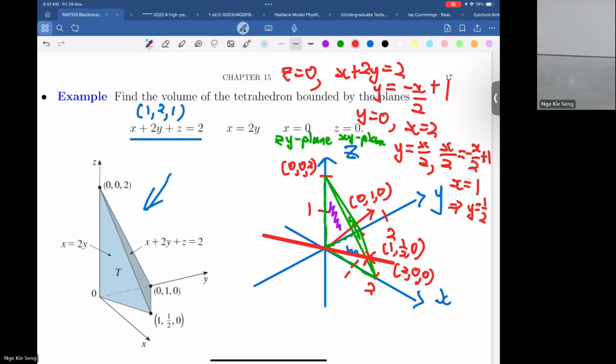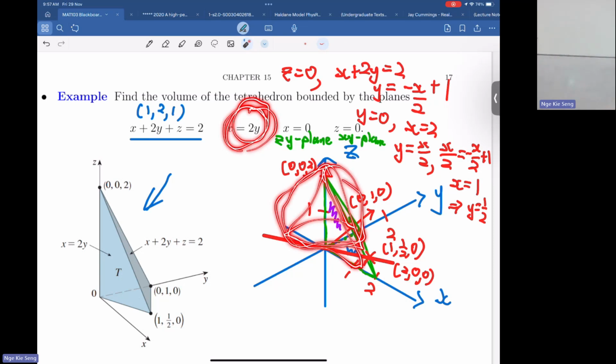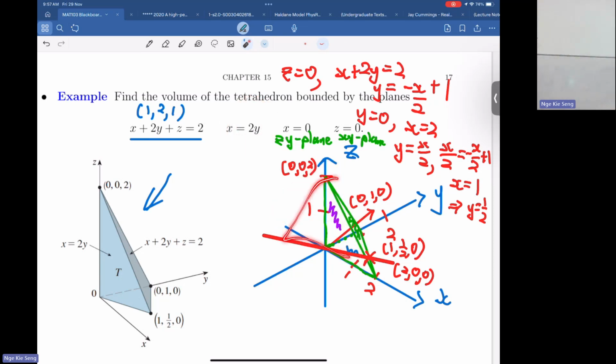But if you look at this, x equals 2y says that this is a surface in R3. So what kind of surface is this? It is a plane actually. Because this equation doesn't tell you what z to take, meaning you can take every z.